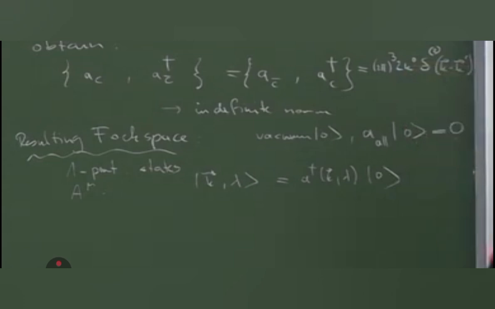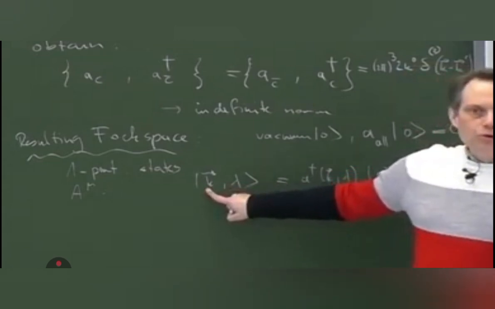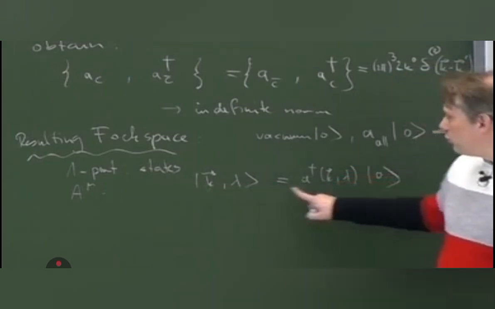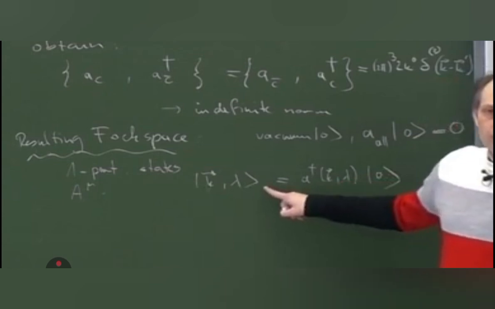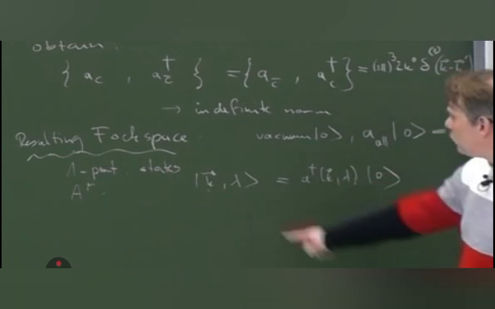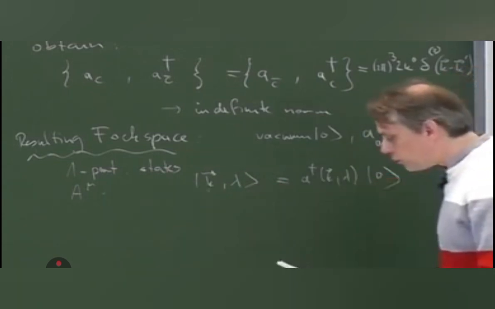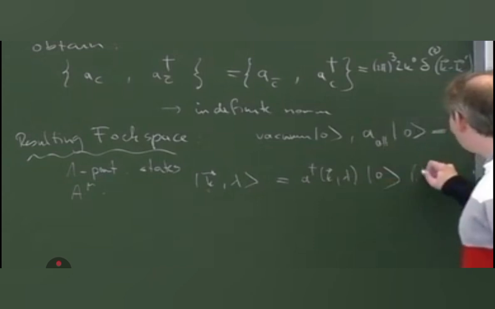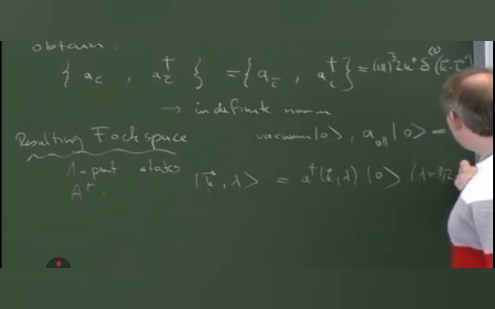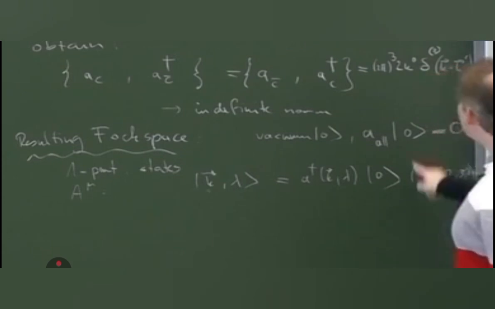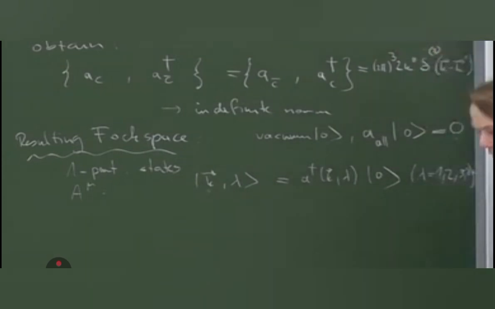Then for any chosen momentum k, there are now 4 linearly independent states in our one particle space, for lambda equal 1, 2, and 3, 0, or 1, 2, and L, depending on how you want to do it.